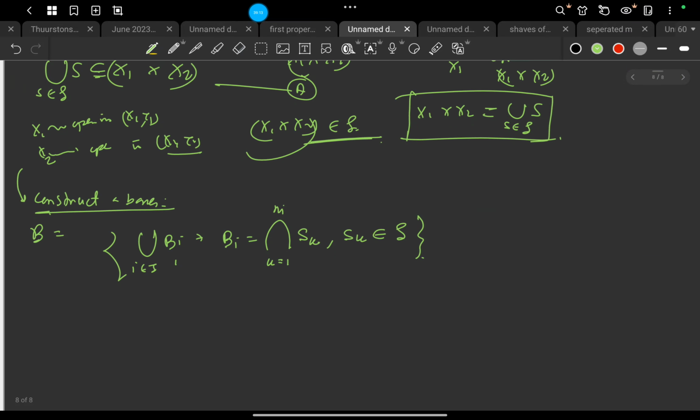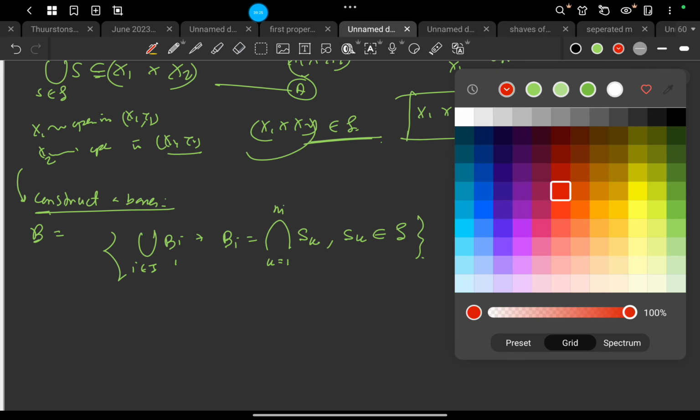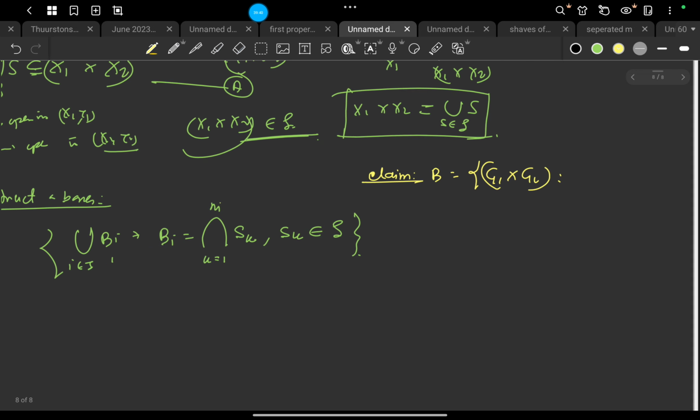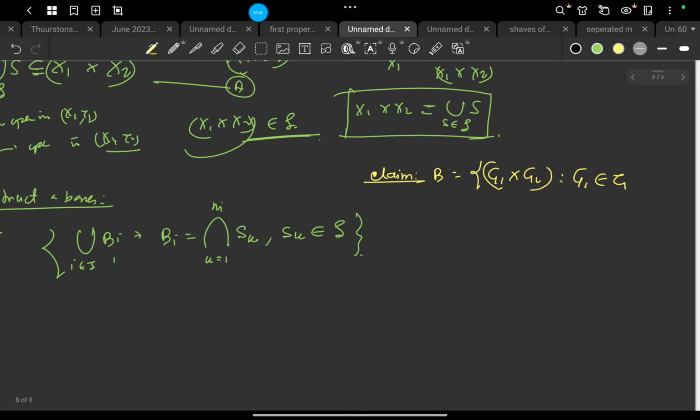Alright, so now it is just a definition, so let us get a clearer overview of that. Let me make my claim clear: B is nothing but the set of G1 cross G2 such that G1 belongs to tau 1 and G2 belongs to tau 2.